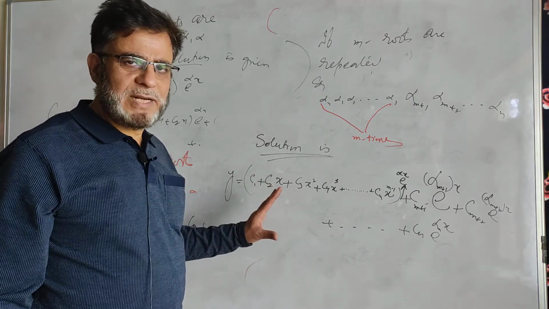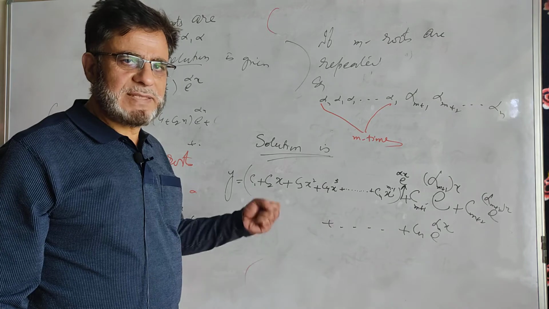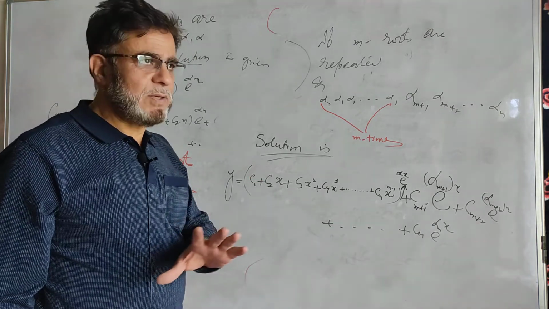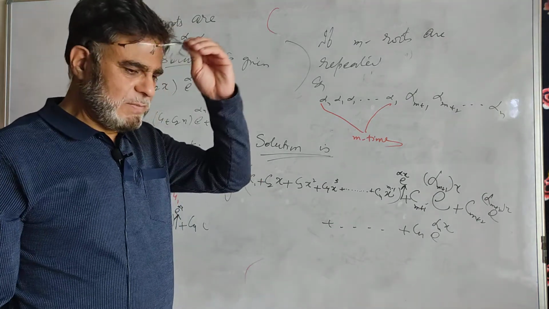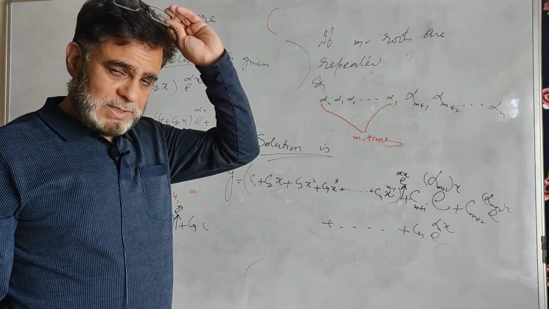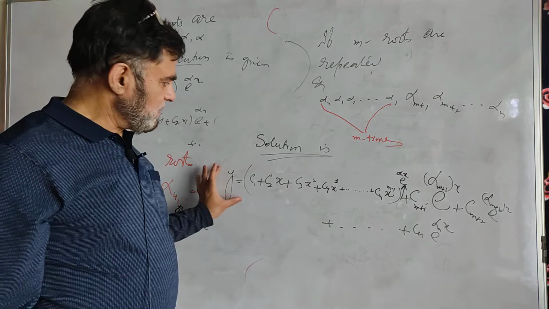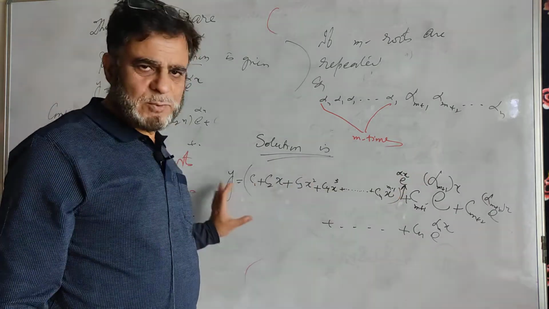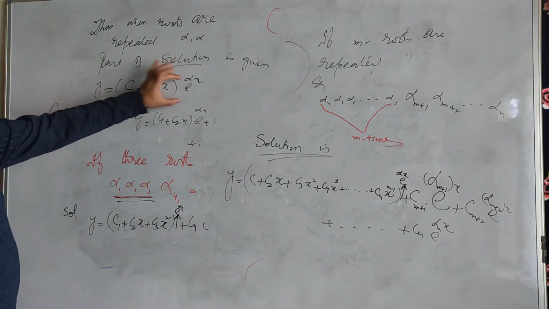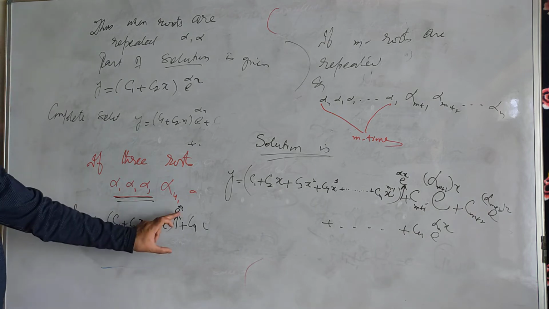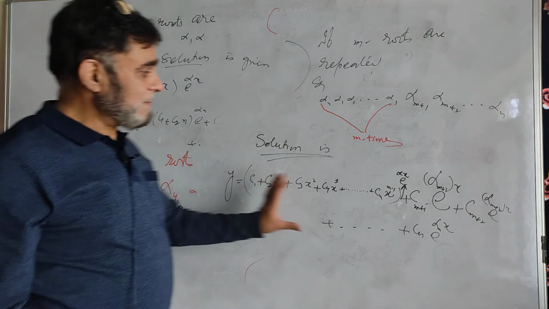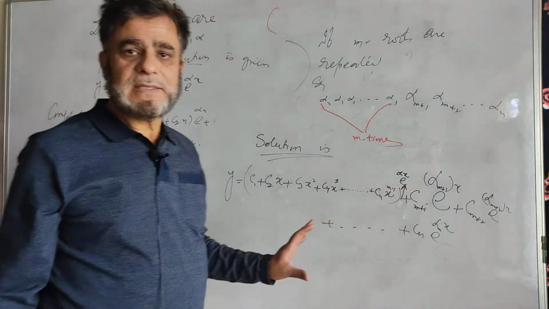Otherwise you would have to remember the methods orally, but I am not supporting you to remember the methods orally. I am giving the proof of the working rule. When roots are repeated, we will write the solution this way. If 2 times is repeated, then this solution. If 3 times is repeated, then this. If it is m times repeated, then this.